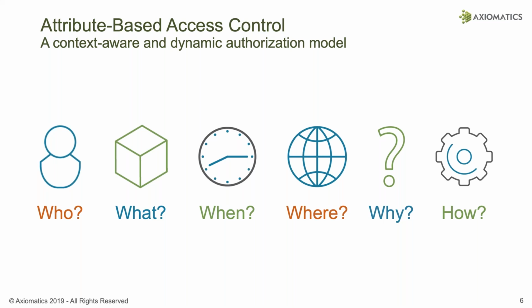So we can cover who is trying to get access, what are they trying to get access to, when, where, why, and how. All of this attribute data, combined with an access policy, will yield an authorization, almost like an authorization entitlement at runtime.